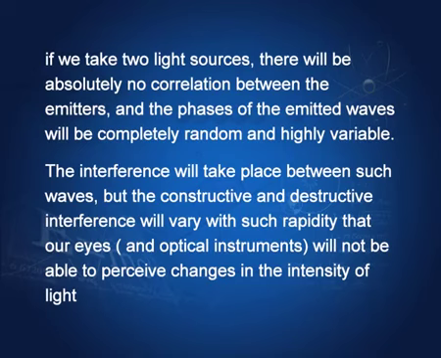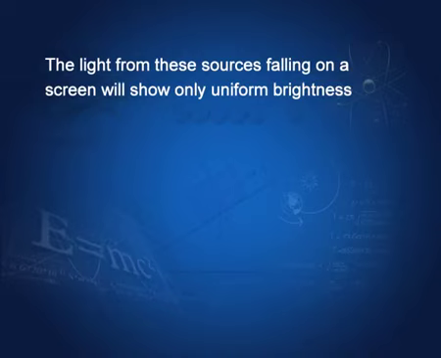The constructive and destructive interference will vary with such rapidity that our eyes or any other optical instrument will not be able to perceive changes in the intensity of light. The light from these sources falling on a screen will show only uniform brightness.